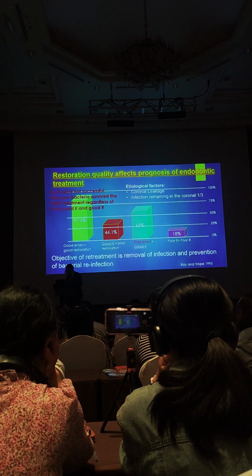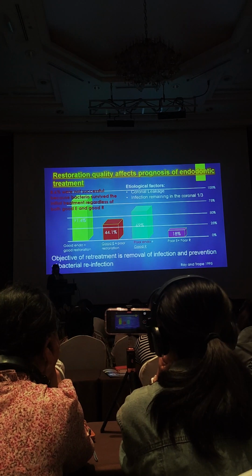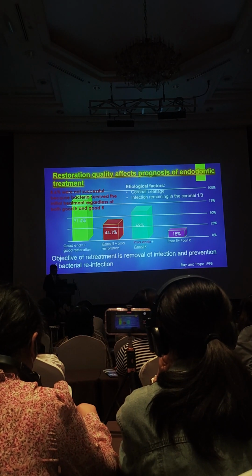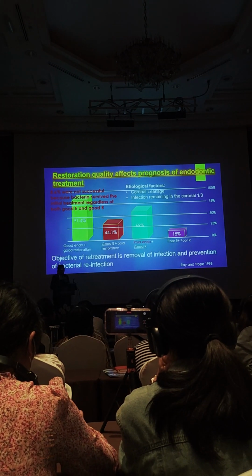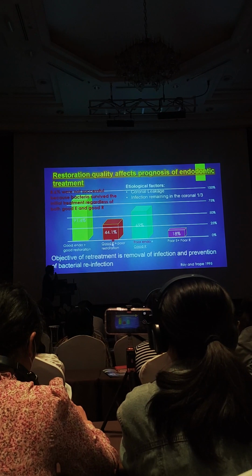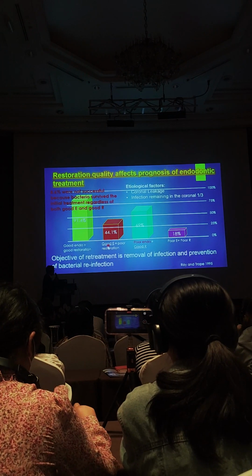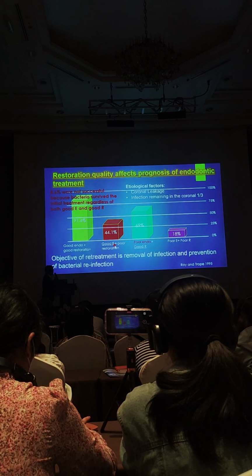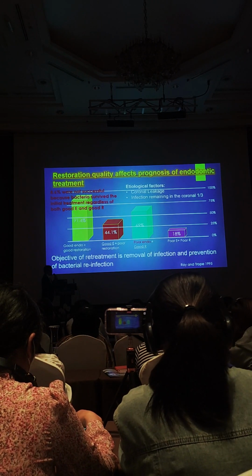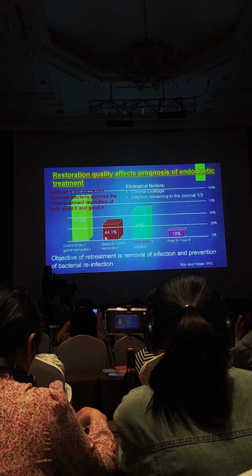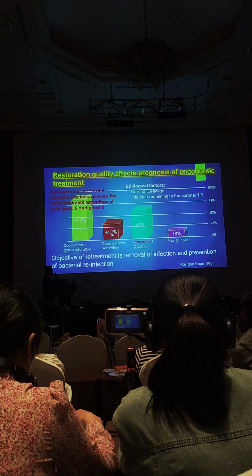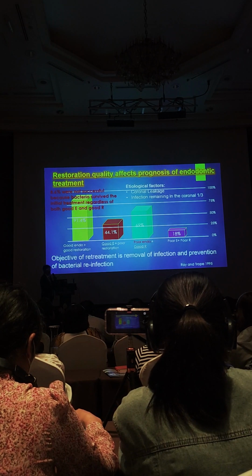Look at this study. This study is very popular. Many people refer to this study, Ray and Trope, 1995. So this is very important. Even if you did a good endo, but if you place a poor restoration with a marginal gap, your endo success rate is only 44%, below 50.